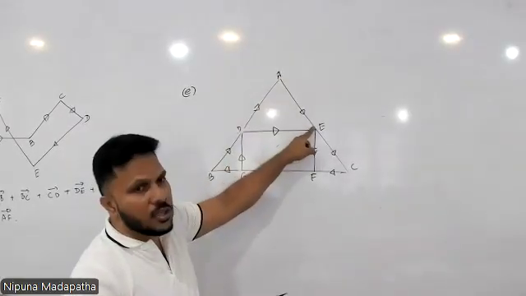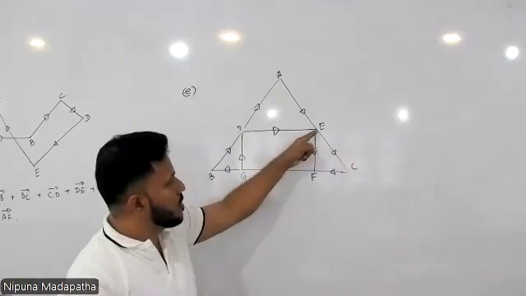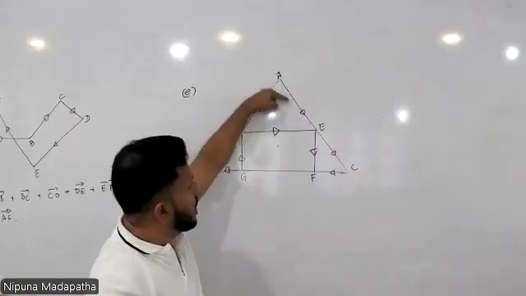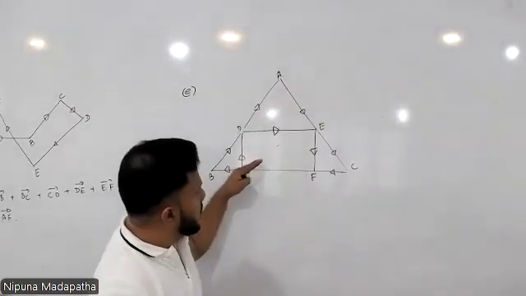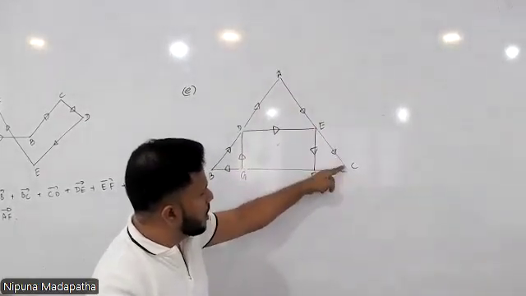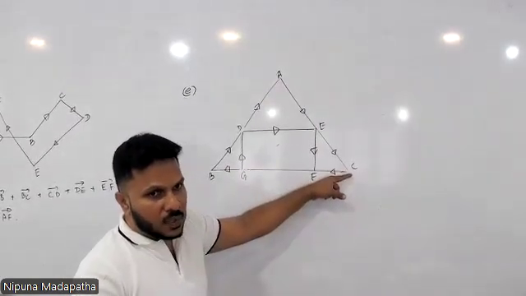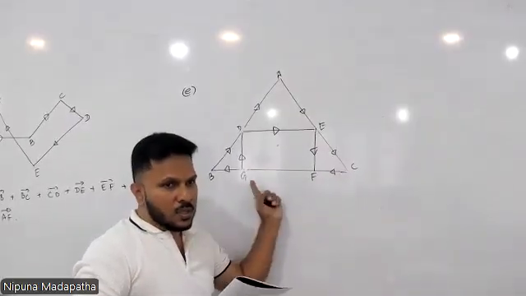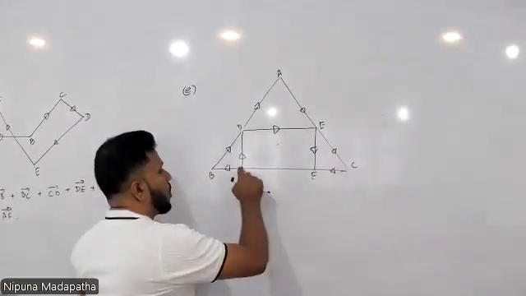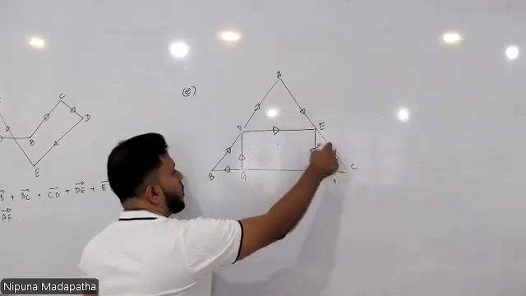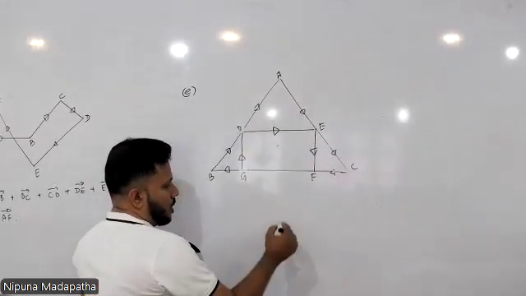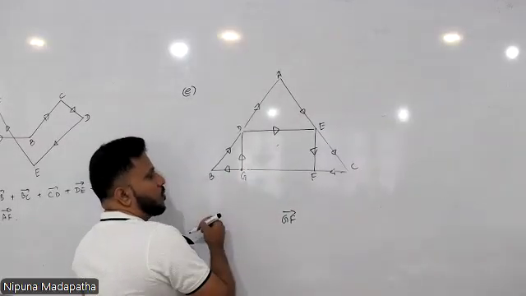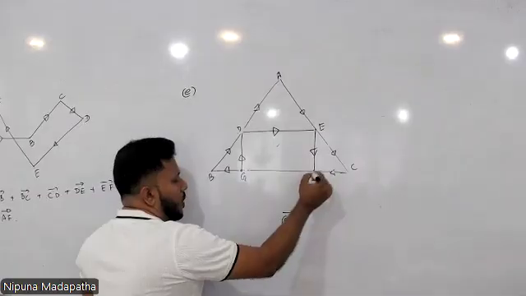GA plus AE is GE. GE plus EC, GC. GC plus CF, GF. The resultant of all these six vectors is GF. This is the starting point of the vector system and this is the end point.